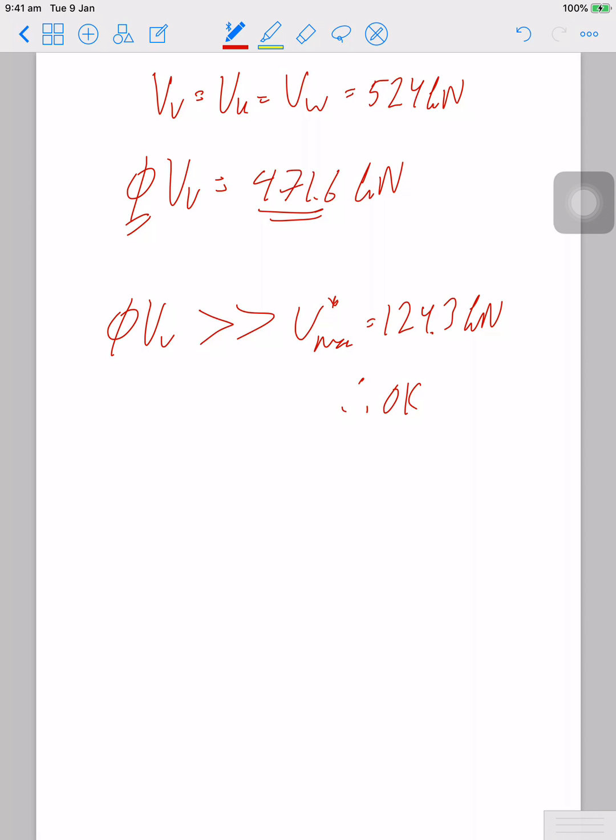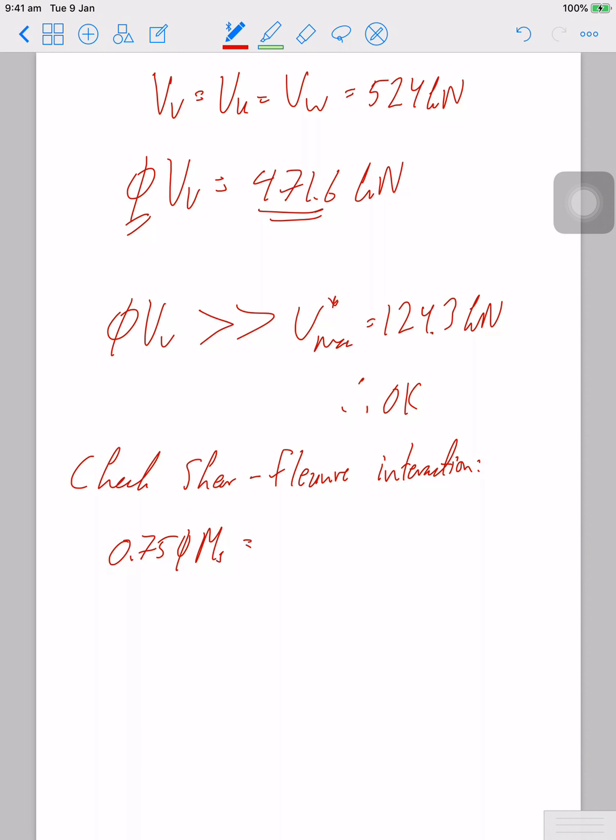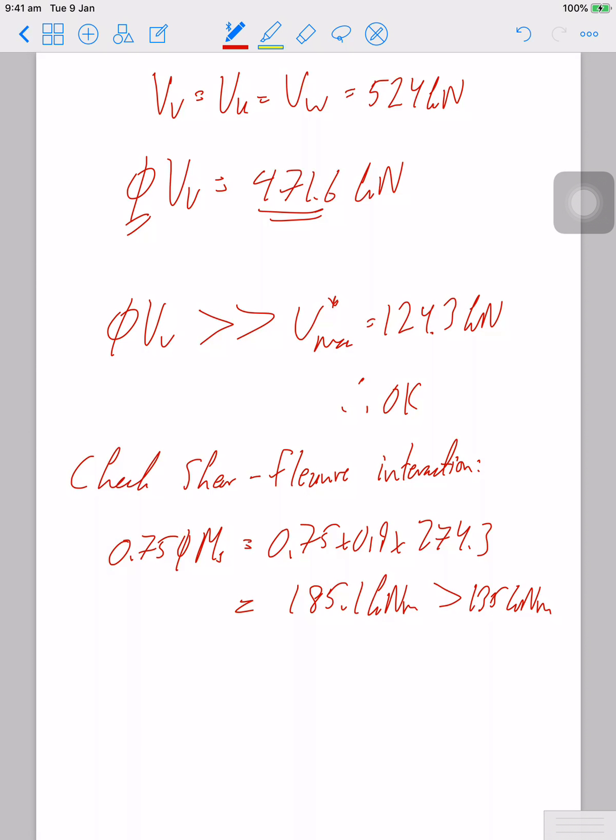So the other thing that we need to check for is shear flexure, that's shear caused by bending interaction. That's the formula. And what's the moment, 274.3, comes out to be 185.1 kilonewton meters, which is larger than 135 kilonewton meters.